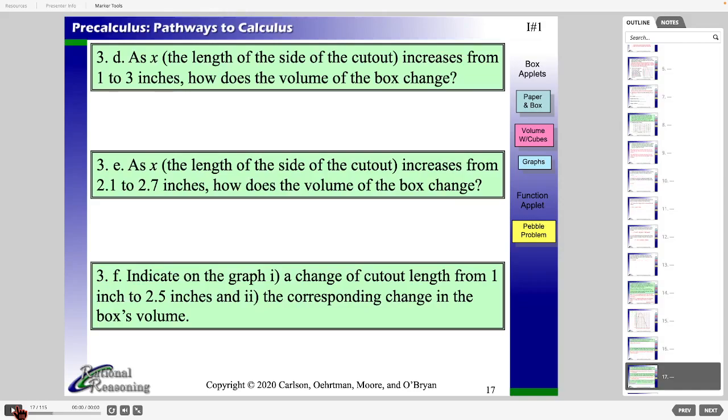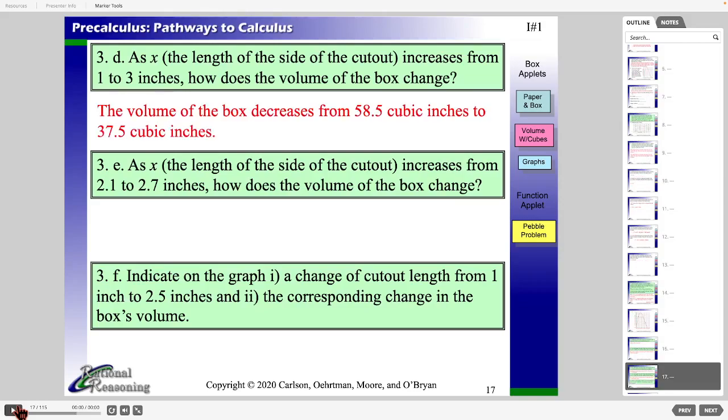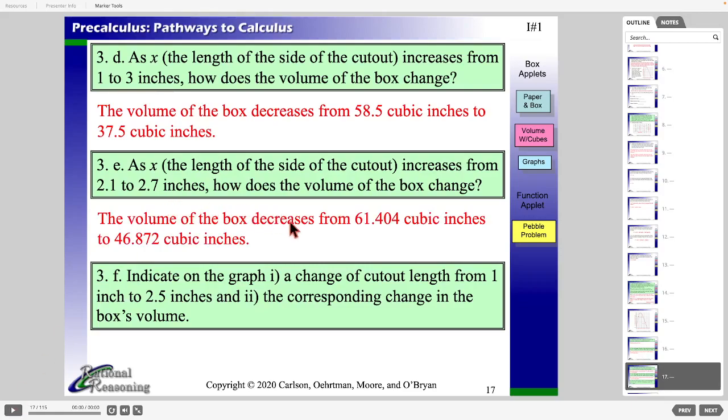As you increase from 1 to 3 inches, how does the volume of the box change? Well, it decreases actually. Overall decreases, but even from 1 inch, it'll go up a bit and then comes back down. As you increase from 2.1 to 2.7, what you see is, again, at 2.1 you get 61 cubic inches, and then keep going to 2.7, you only get 46.